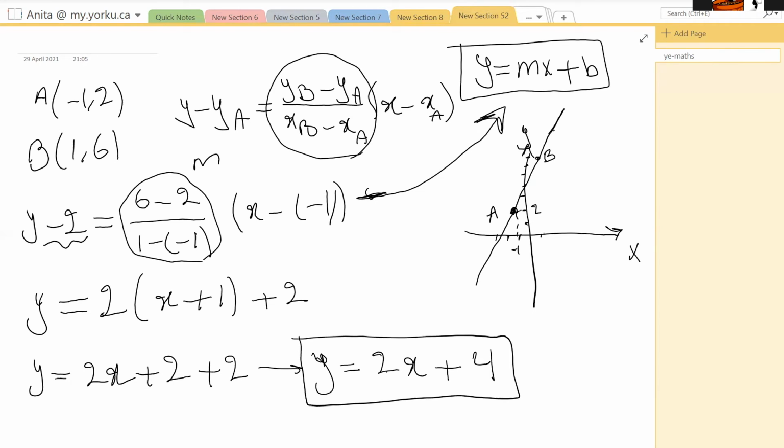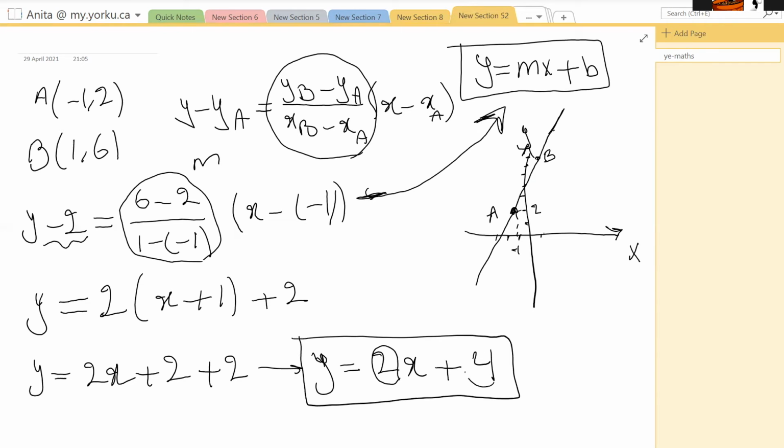Now, this is the equation of the line. Tell me what is the slope, and what is the y-intercept? The slope will be 2 and the y-intercept will be 4.